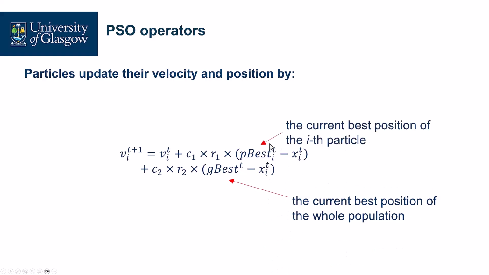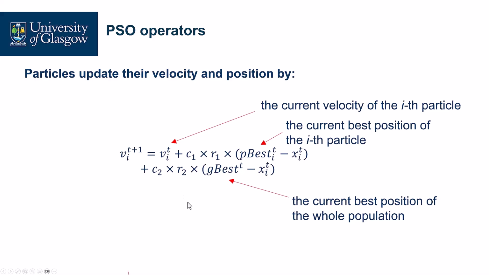Now we can see the p-best. This one is the current best position of the ith particle. You can see the x_i is here, of the ith particle, still in the tth iteration. Then we can find here this v_i^t. So this is the current velocity of the ith particle.